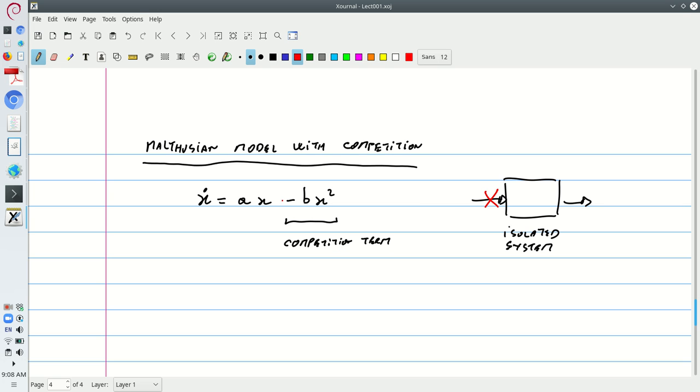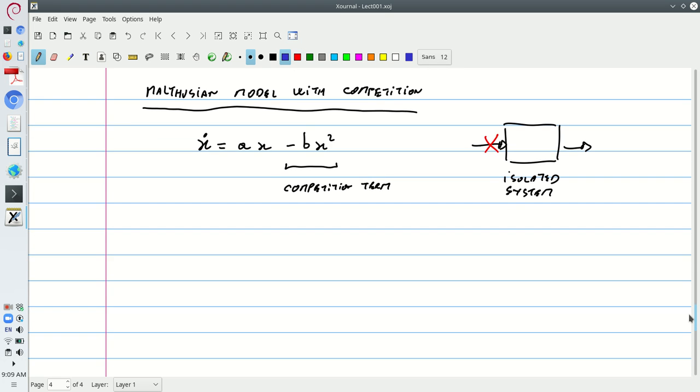Can we write this as an input output representation? Of course not, I was about to say, because there is no input. But if we call x, y as our output, we have already this explicit output representation.